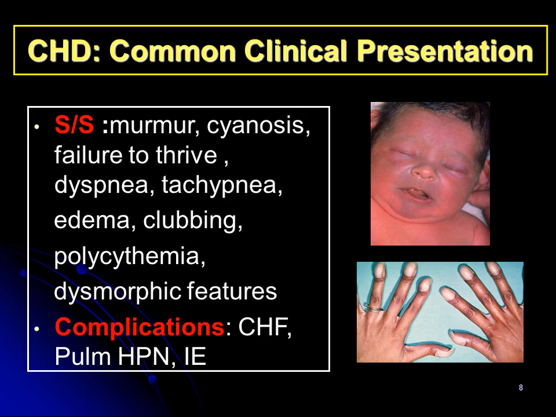They may present with murmur, cyanosis, failure to thrive, dyspnea, tachypnea, edema, clubbing of the digits, which refers to distal blunting and enlargement of the tips of the fingers and toes, or polycythemia, meaning high hemoglobin levels, and dysmorphic features that may indicate an underlying more serious genetic disease complex.